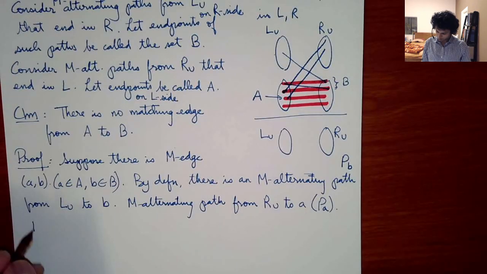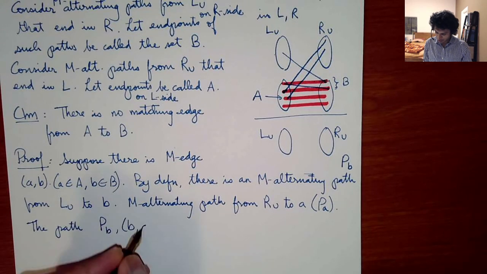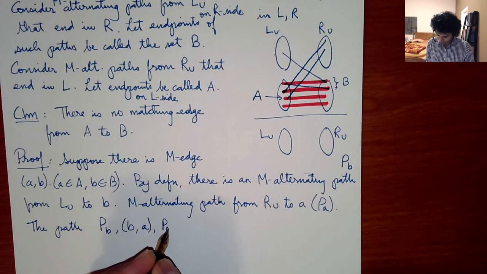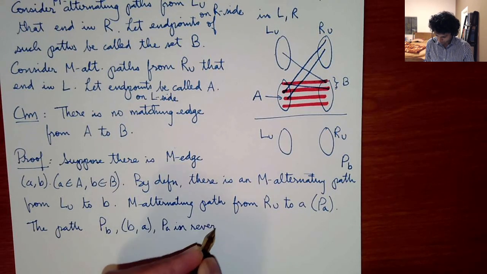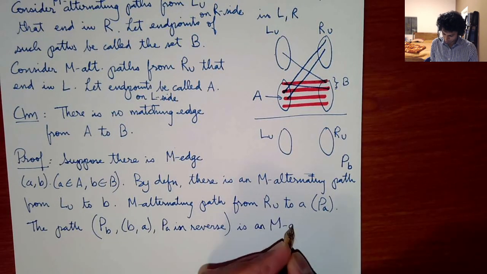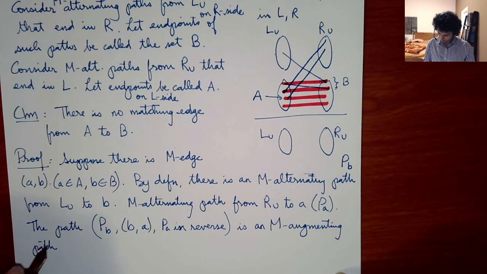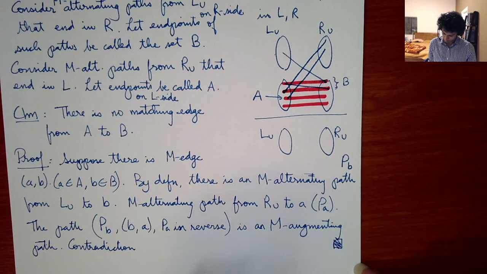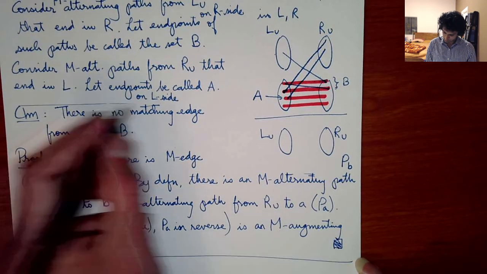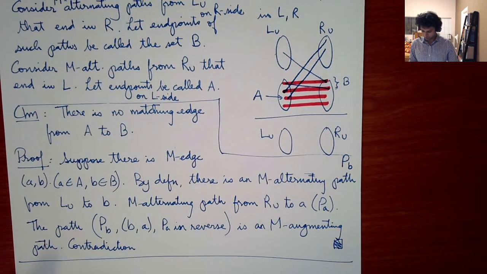The path PB, the edge ba, and then PA in reverse, all of this is an M augmenting path. Contradiction. So that proves the claim that there is no matching edge from A to B.